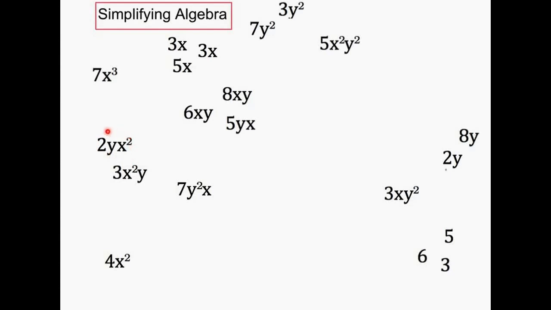So that is similar, it's alike to this one here. Finally, we have this one, 7y squared x, so 7 times y times y times x. And we have another one that is similar to that, this one here. It's just the other way round, but it will end up being the same. So we have 3 times x times y times y.